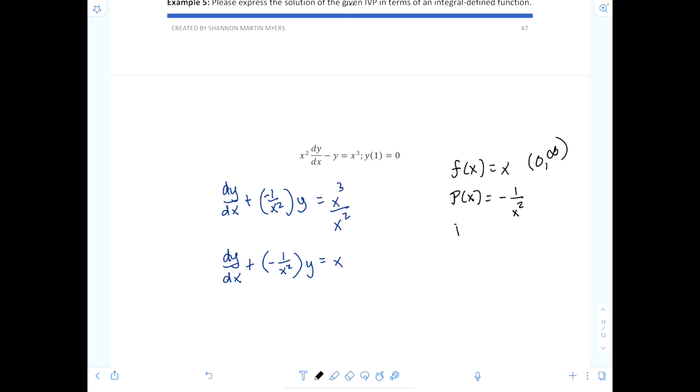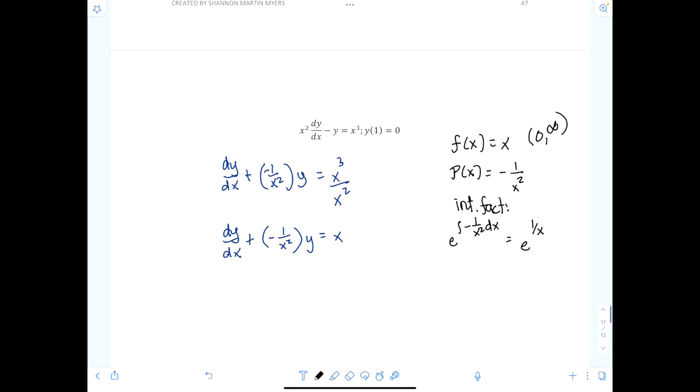The integrating factor would be e to the integral negative 1 over x squared dx, which is equal to e to the integral 1 over x dx, which is equal to e to the 1 over x.